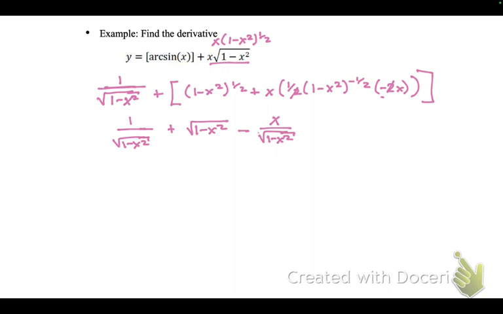So I'd have to get common denominators, wouldn't I? Which would be the square root of 1 minus x squared. Okay, so the first one's going to be 1, because it's already over that. The second is over 1, but we wouldn't cancel out, I would get what's inside, right? Yeah. So I get plus 1 minus x squared minus x.